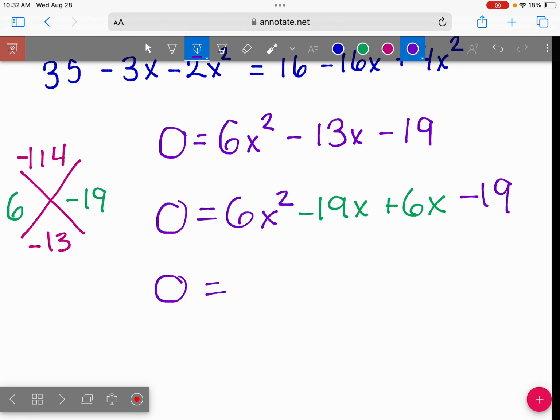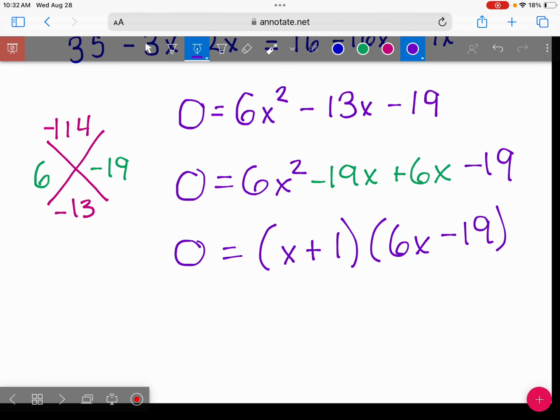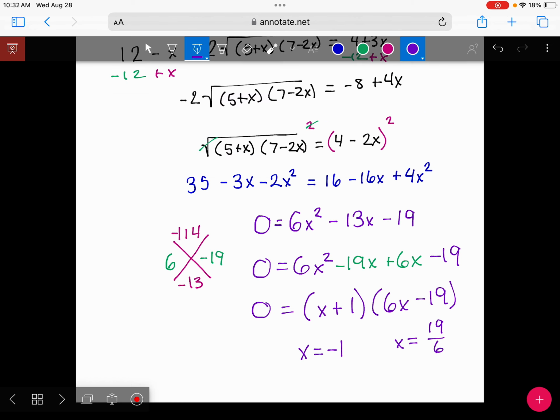What's our factored form? X plus 1. 6x minus 19. So our solutions are x equals negative 1 and x equals 19 sixths.